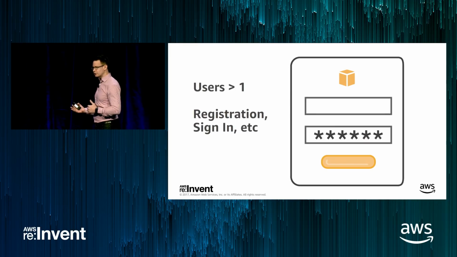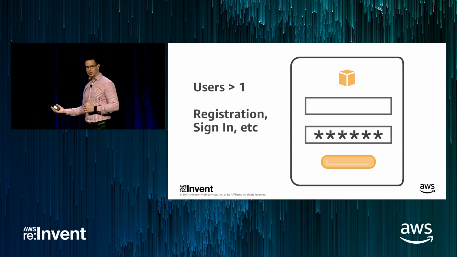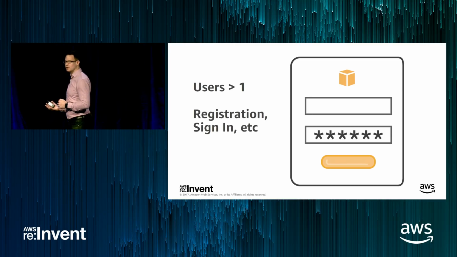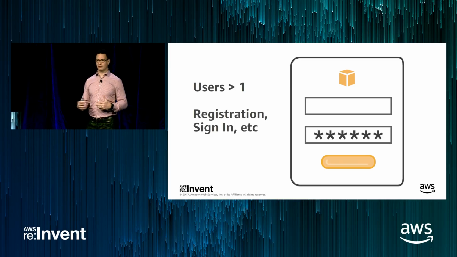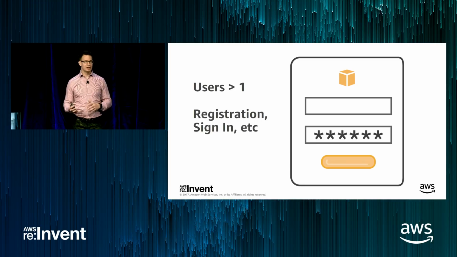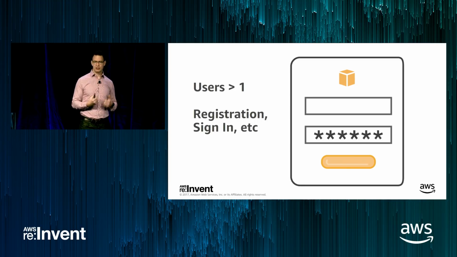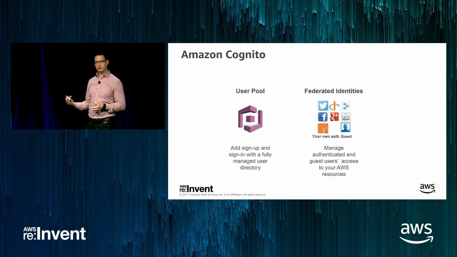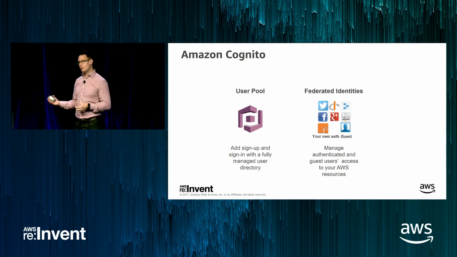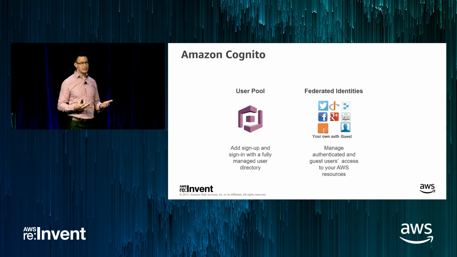Another thing you're going to have to solve when you get past 1 user is registration, sign-in, all the use cases that go with having more than 1 user. And if you're like me and you've built lots of web applications in the past, you've built these stories over and over and over again into your applications. Now, you could do that. Or another option is you could take advantage of an Amazon service called Amazon Cognito, which enables you to build that functionality into your application really easily.